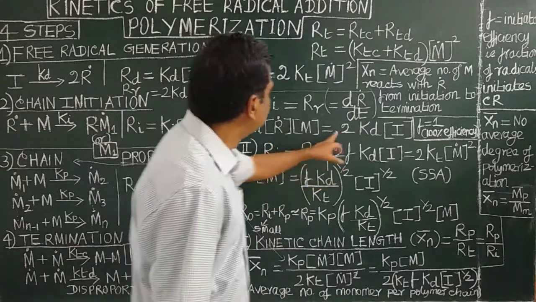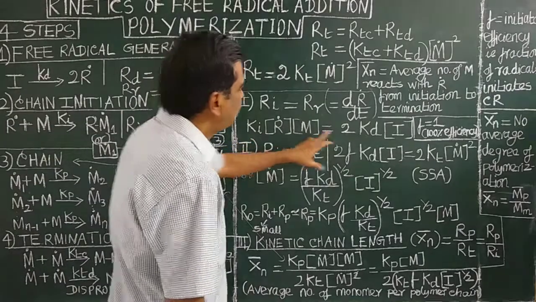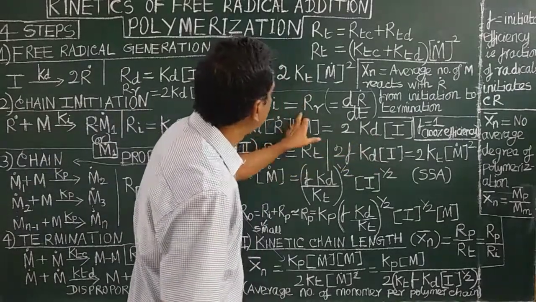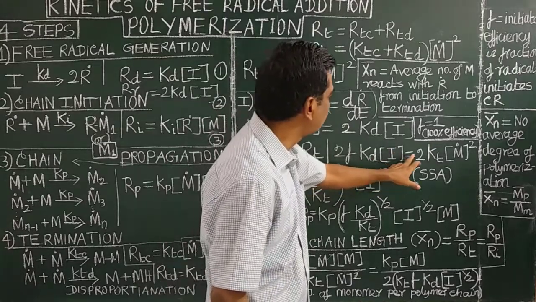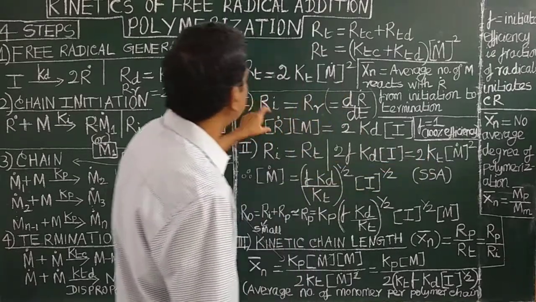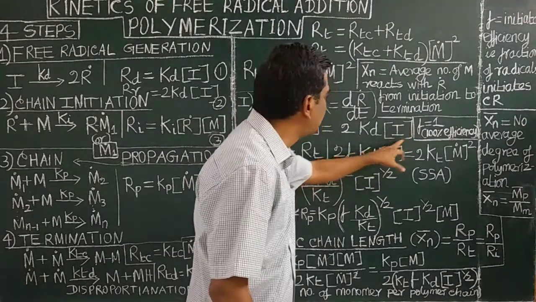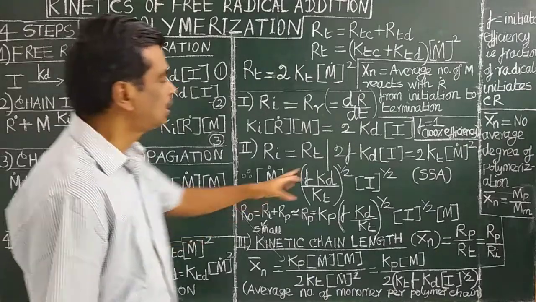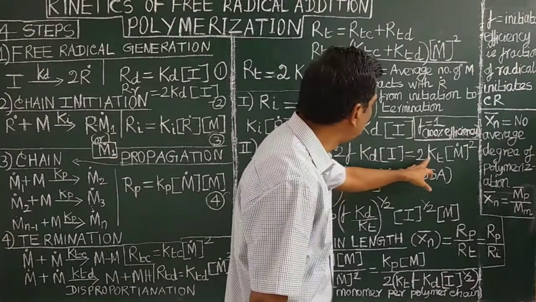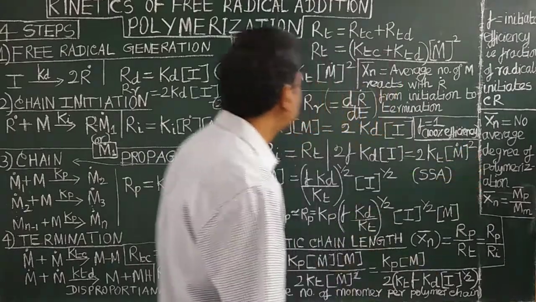This is Ri equal to Rt. Therefore, 2F Kd concentration of I equals 2 Kt concentration of M dot whole square. The concentration of radical is difficult to determine, whereas the concentration of initiator is known.